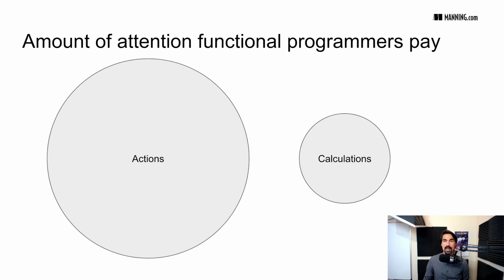We actually spend a lot more time and a lot more attention making sure that our actions run correctly, and I think more than other paradigms. So it's interesting that there's that kind of duality. We spend more code on calculations, but more attention on actions to make sure they're right.